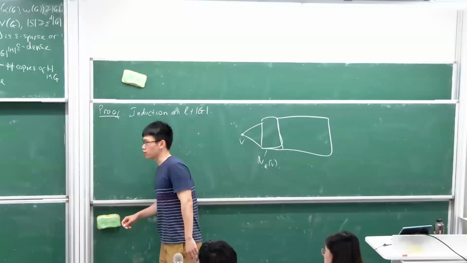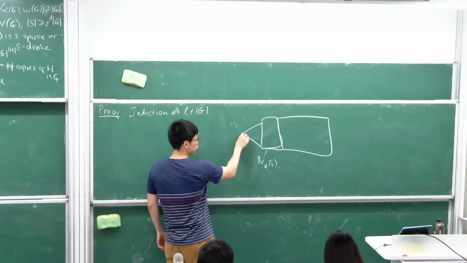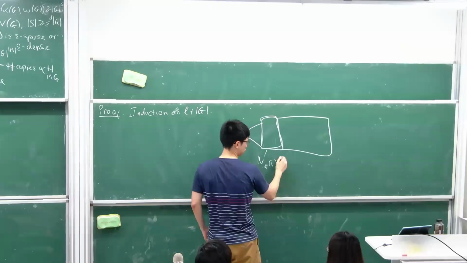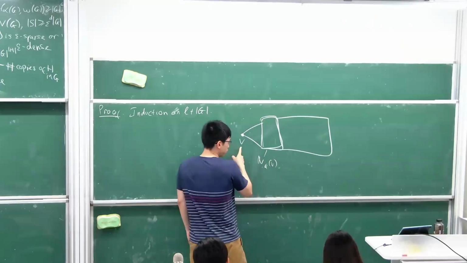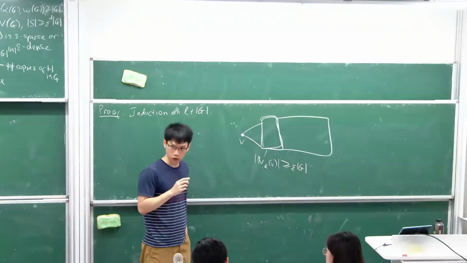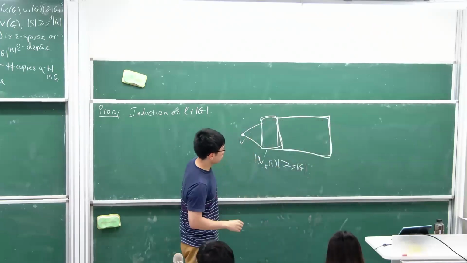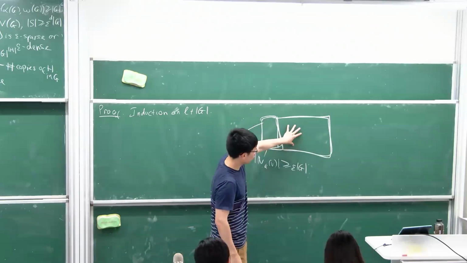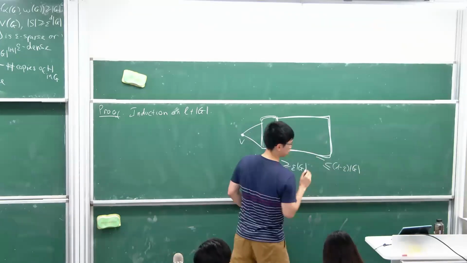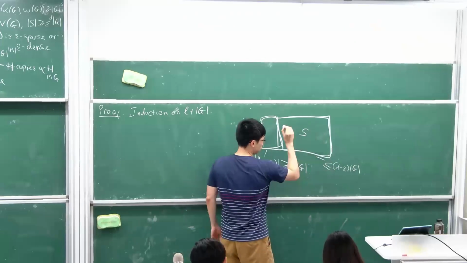In particular, G itself is not epsilon-sparse, which means I can choose v such that this neighbor set has size at least epsilon times the number of vertices. Now we look at the rest of the graph. The non-neighborhood of v has size at most (1 minus epsilon) times the number of vertices of G. Let me call this subset S.